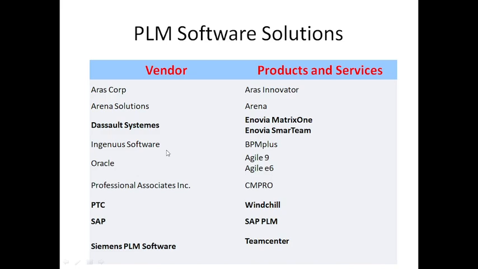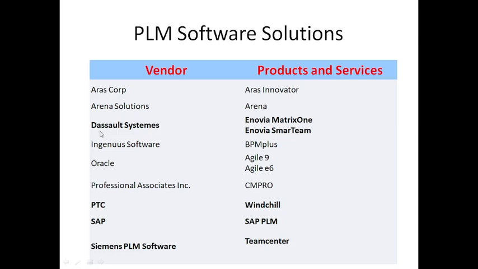Okay, so there are a number of PLM software systems or solutions which are available. Here I have the list of the vendors or the suppliers and the names of the tools or systems or software they provide. Like I would like to mention a few important ones which may be relevant to you, like Dassault Systèmes.